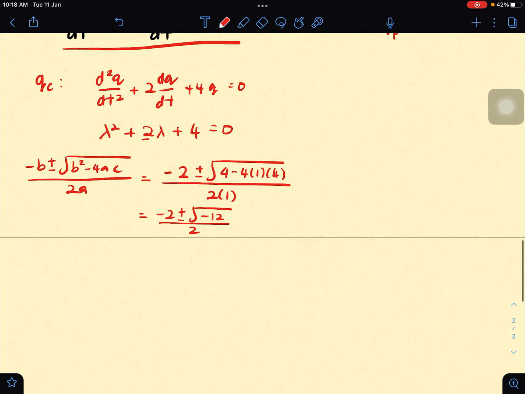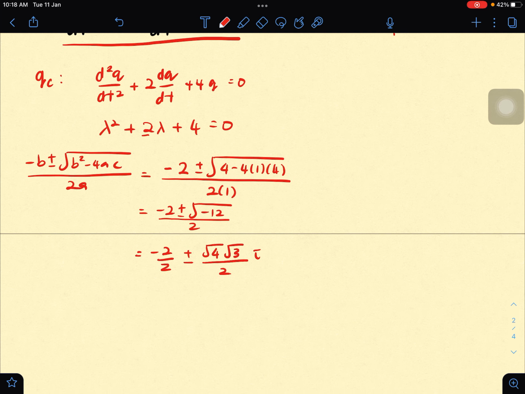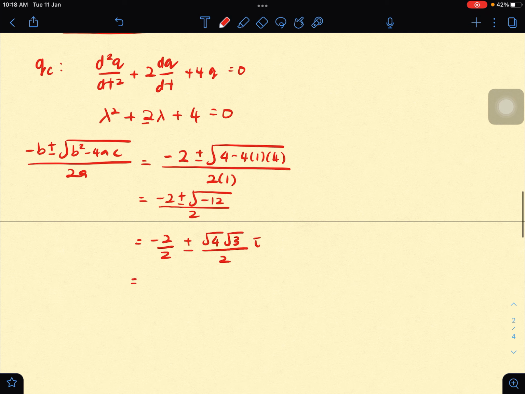Okay, so you have here negatif 2 bahagi 2 tambah tolak punca kuasa 12. Ni samalah dengan punca kuasa 4 darab 3 bahagi 2i, sebab kita tukarkan negatif kepada i. So kita dapat negatif 1 plus minus punca kuasa 4 adalah 2, 2 bahagi 2 habis, punca kuasa 3i.